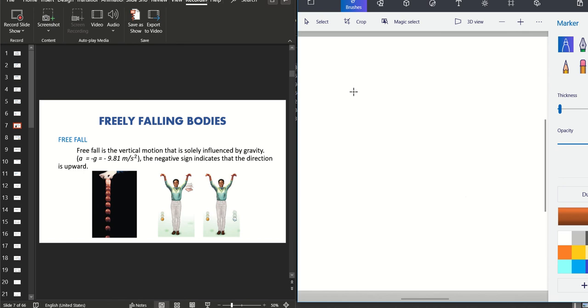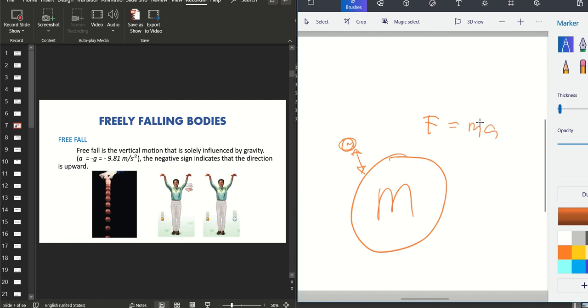So due to gravity, everything that has a mass is affected by something which is a larger mass. So, this is M big and this is M small. The larger object will attract the smaller object, and the smaller object can also attract the large object. But remember, the force is directly proportional to the mass: the greater the mass, the greater the force, and the smaller the mass, the smaller the force.